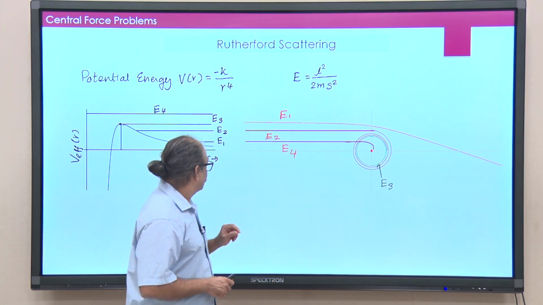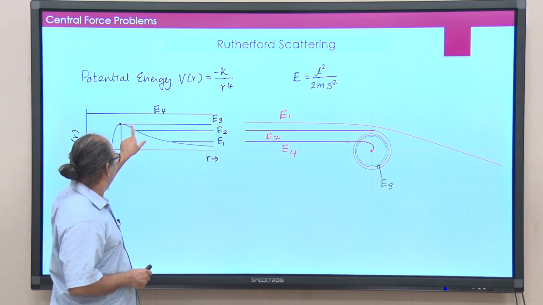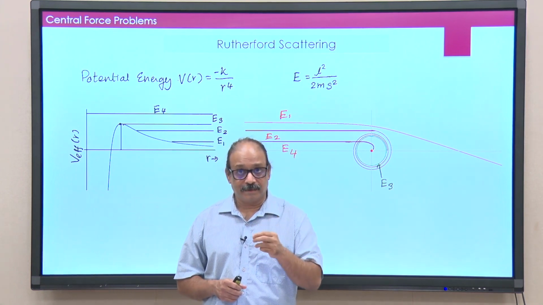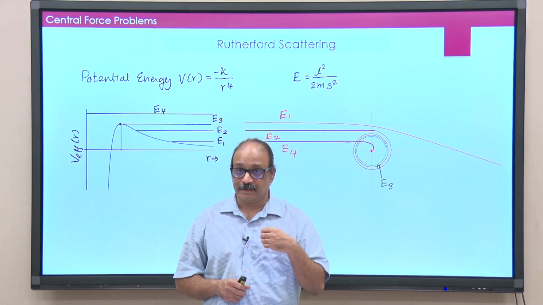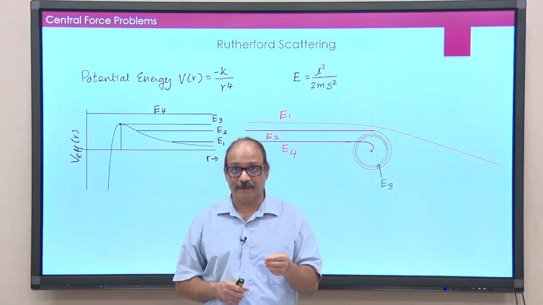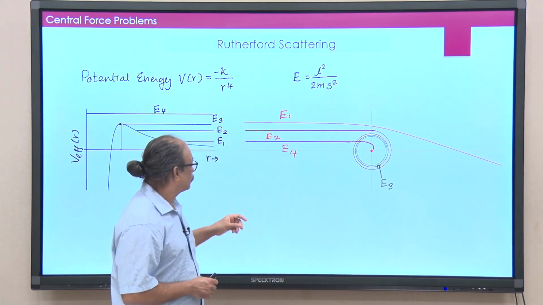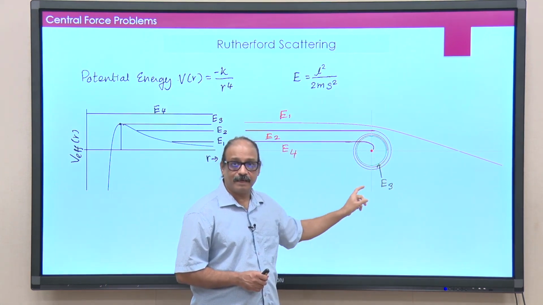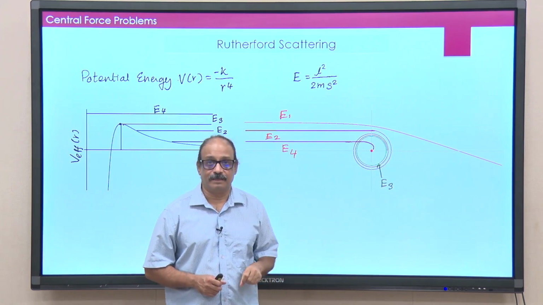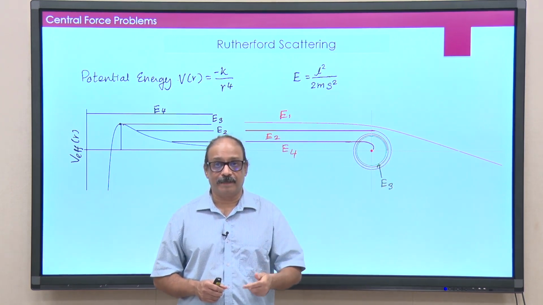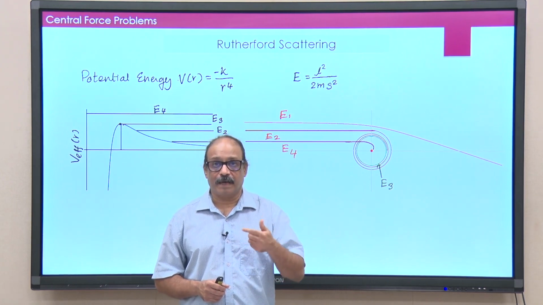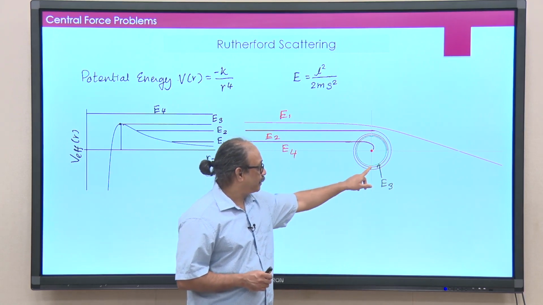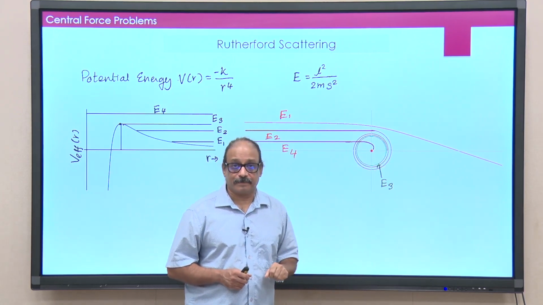In that case, the particle starts coming closer and closer to the scatterer, but as it comes closer and closer, its speed is dropping, the radial speed is dropping, in which case it will start spiraling into the green circle, but it will get trapped into that, it will never come out, it will keep on approaching that circle, and after infinite time it will settle into that circle.